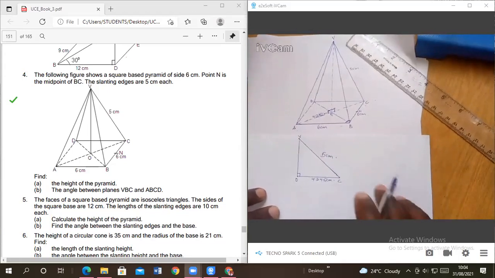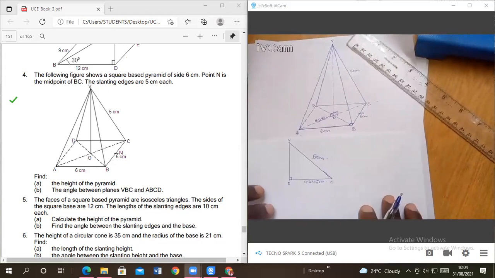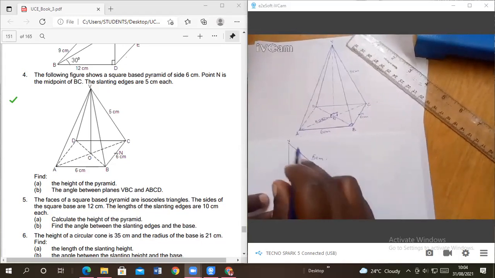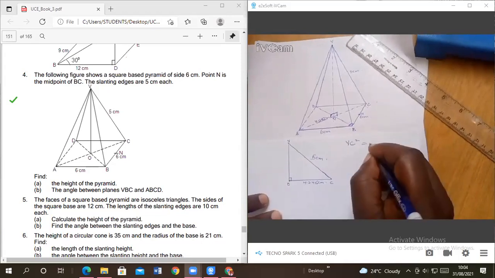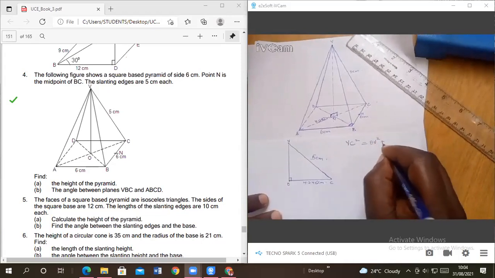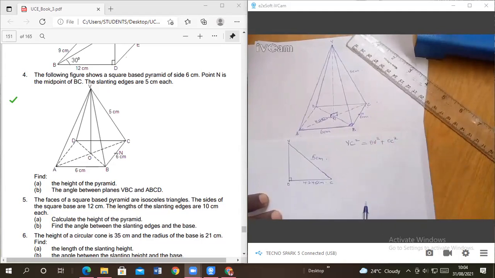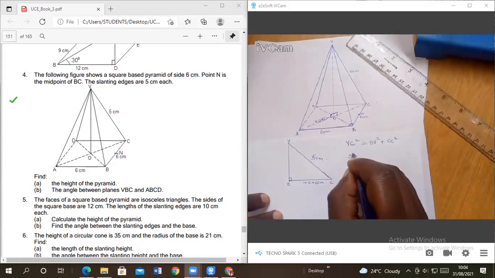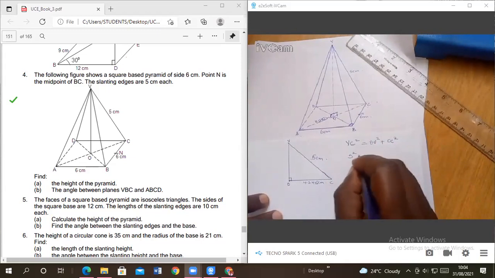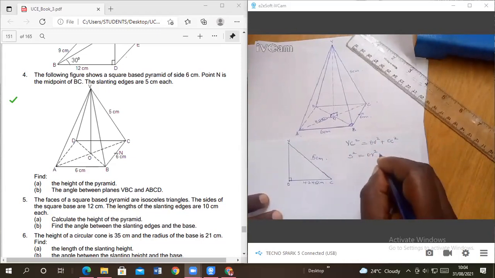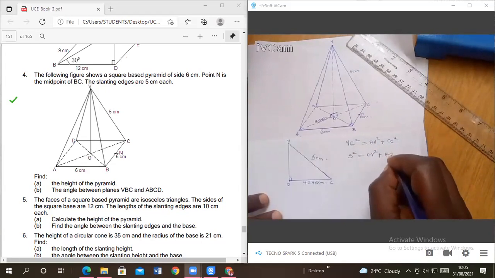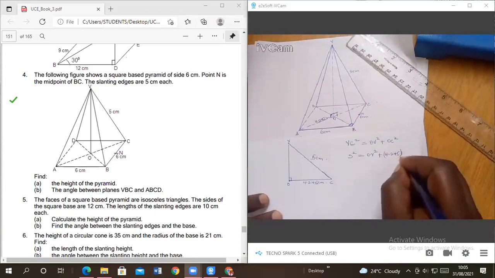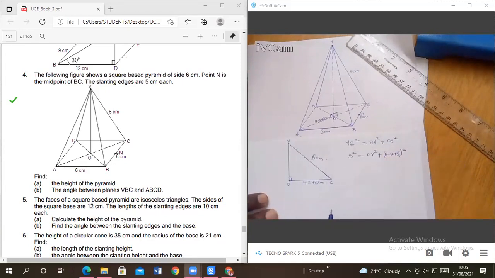So how do we get OV? We are going to use Pythagoras theorem. And we shall say VC squared equals to OV squared plus OC squared. So what is VC? 5 squared equals to OV squared plus OC, our OC is 4.245, all of it squared.